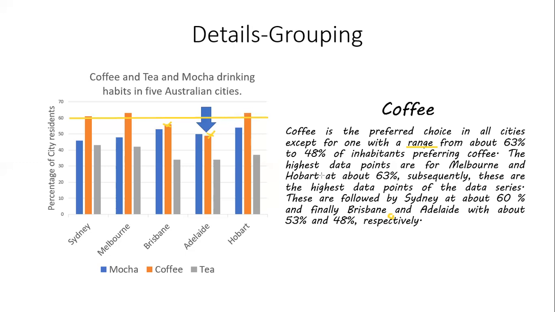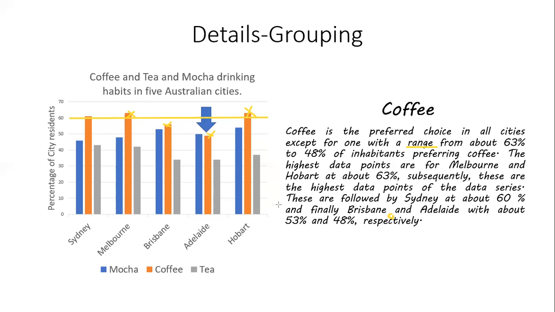and Hobart. Okay, so you can see Melbourne here. Okay, and you can see Adelaide over here. Okay, at about 6. Okay, so subsequently, these are the highest data points of the data series. And what I mean by that, they're the highest points in all the graph.